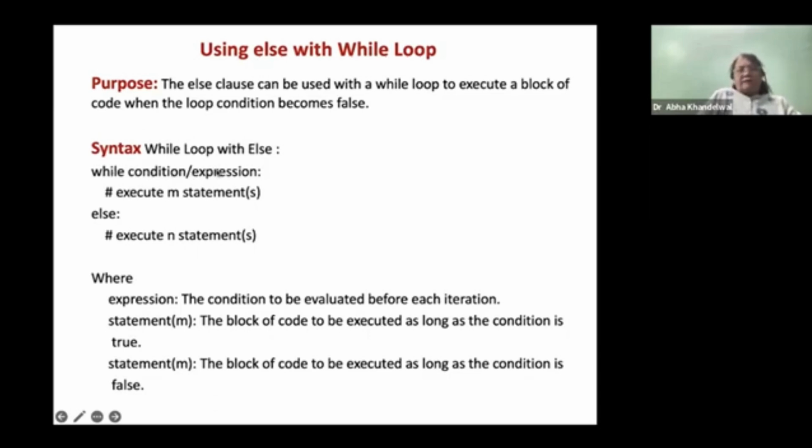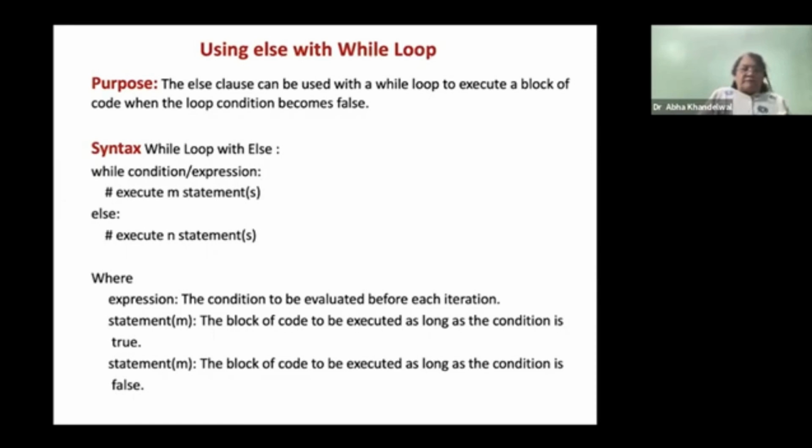While the condition is true. I have written condition as oblique expression so that you should not get confused. And if this is true, then execute M statements. So it will execute this set of statements if the condition is true. And if false, then the control will escape the M statements and be transferred to the else part, and there the N statements, that means this set of statements, will be executed.